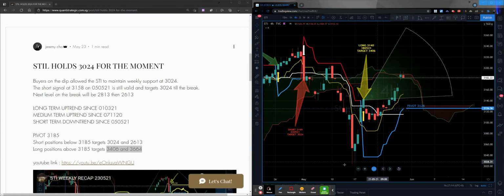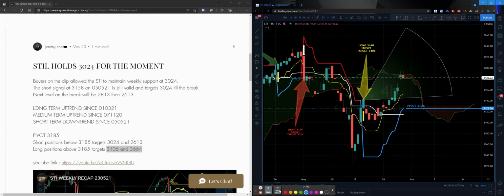So on the 4-hourly charts, you do see a positive long signal on the 18th of May 2021, contrary to the short signal on the daily chart. So for swing traders, you can buy in much earlier and enjoy this upswing from this long signal at 3140.